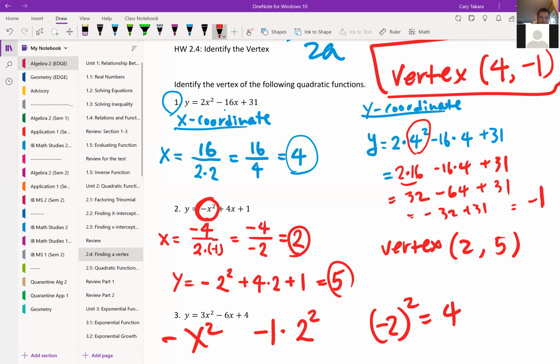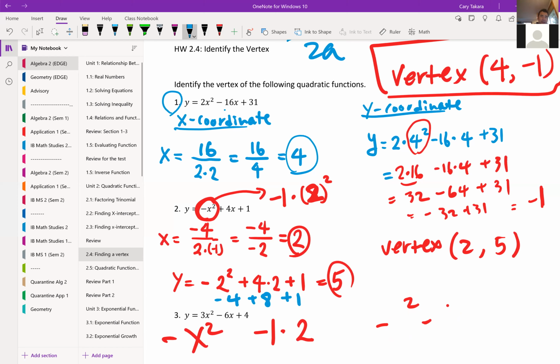We've got right here negative x squared, and that means it's negative 1 times x squared. And since x is just 2, you better do 2 squared, which is 4. But then you've got the negative, so it turned out to be negative 4. So this is negative 4 plus 8 plus 1, which will give you positive 5.